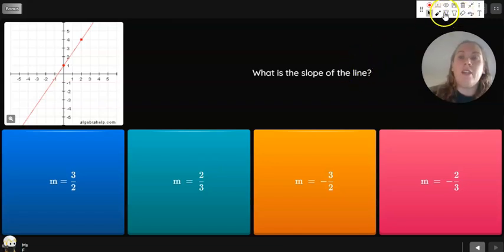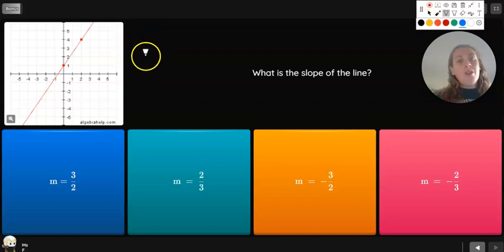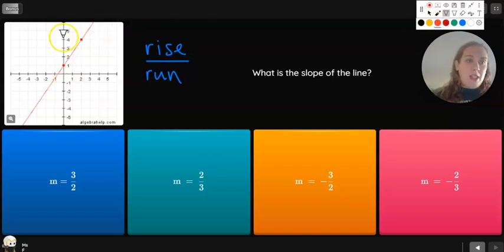So this question's asking for the slope of the line. And when we're working through this, again, we're always thinking of our rise over run, okay? So we see 2 points that are given to us. Our rise is the vertical change, how much we're going up. 2, 3, because we went up from a 1 to a 4.